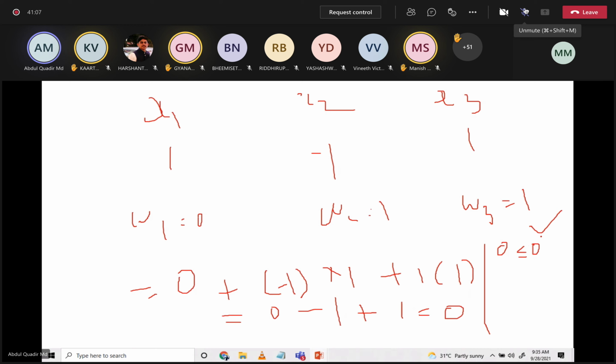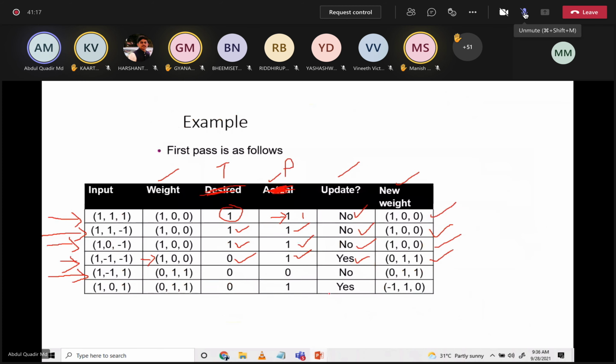Yes. So what will it produce? It will shoot 0. So it has shot 0. What is our target output? 0. So is any updation of the weight required? No change. So we'll pass it.